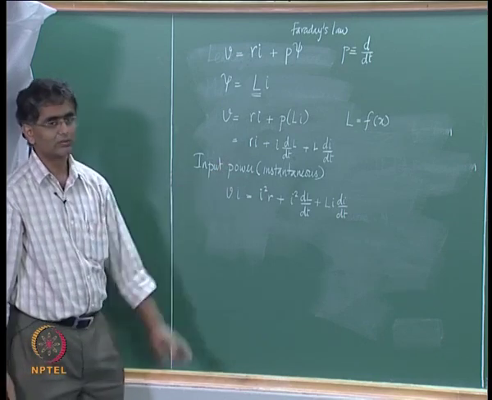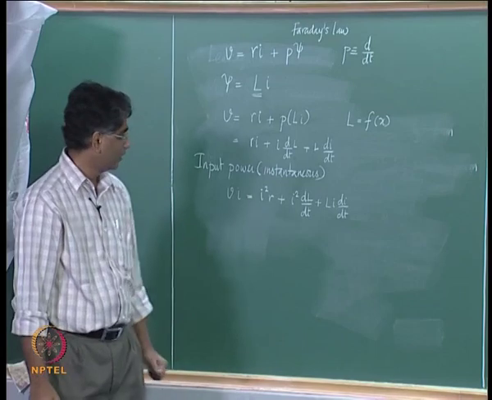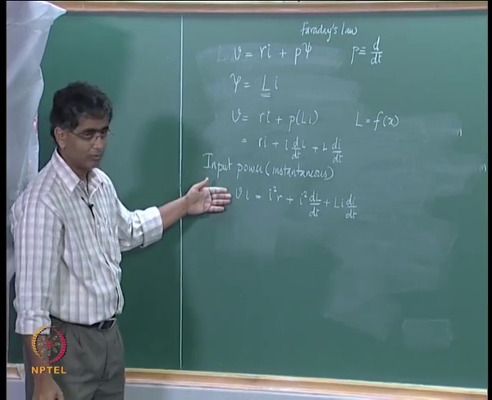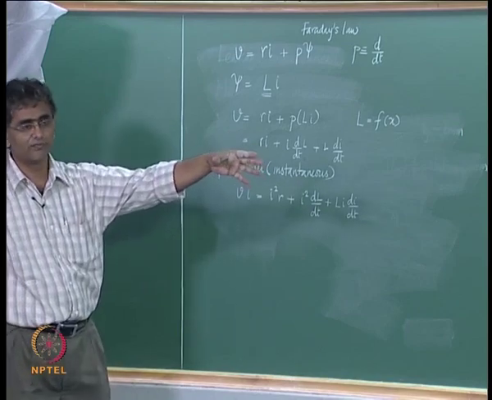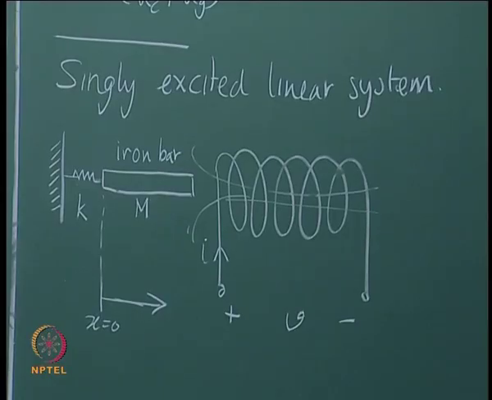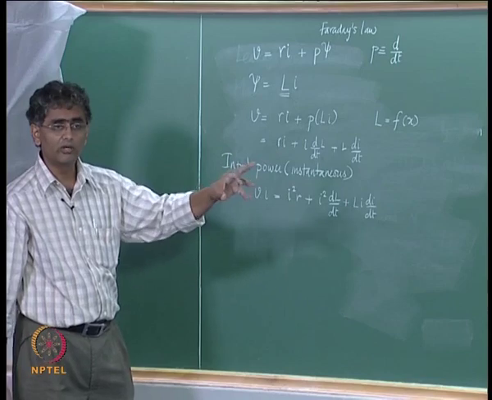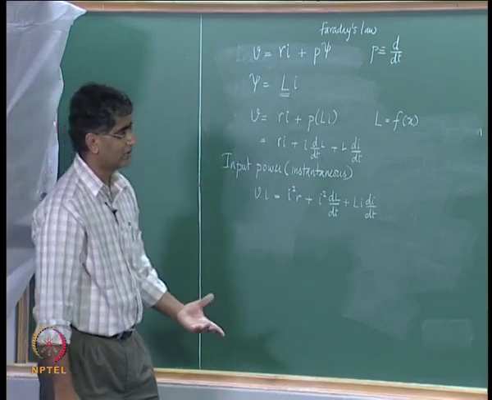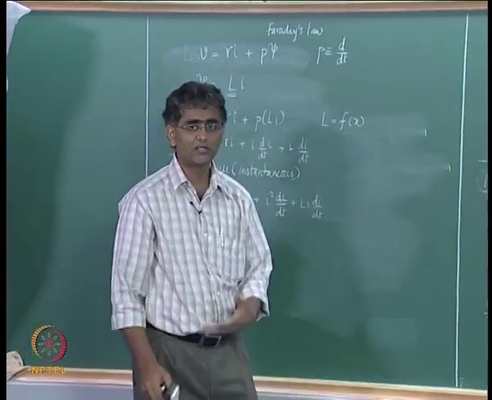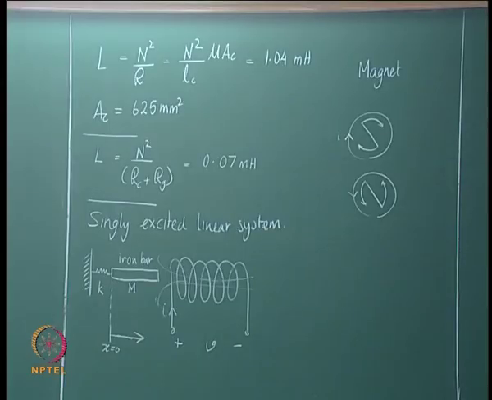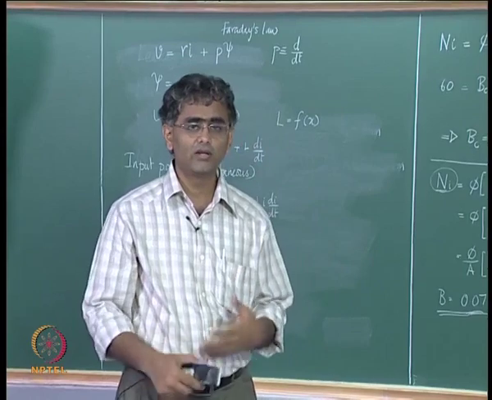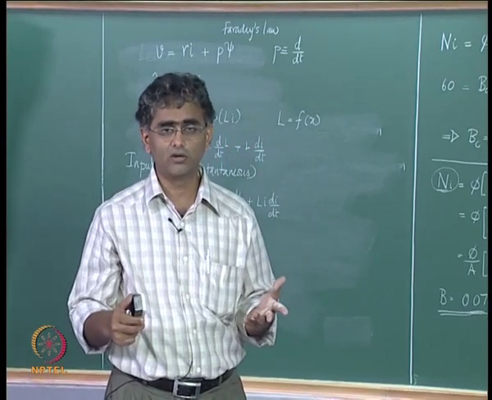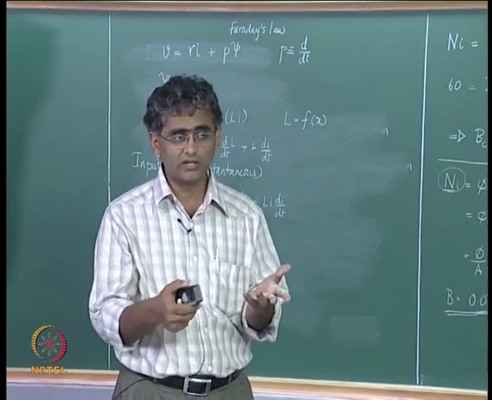Now in the system that we have here, you are giving electrical input and that has to be consumed by the rest of the system. So how is this input power going to be consumed? Obviously this wire loop has a certain amount of resistance, so if there is going to be flow of a certain I through the resistance, then there will be a resistance drop and therefore a loss in the resistance.